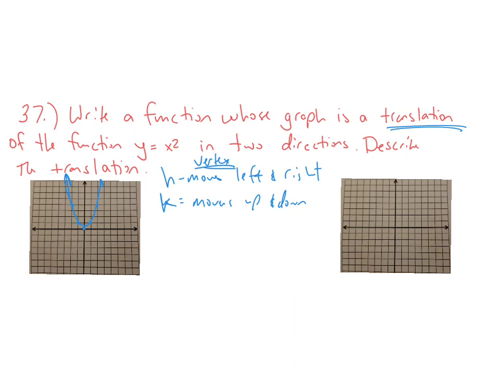I'm just going to pick an H and a K. So I'm going to say y equals, we're going to keep A as 1, x minus 2 squared plus 3. So the minus 2 moves the graph 2 units to the right. And then the plus 3 moves the graph 3 units up.